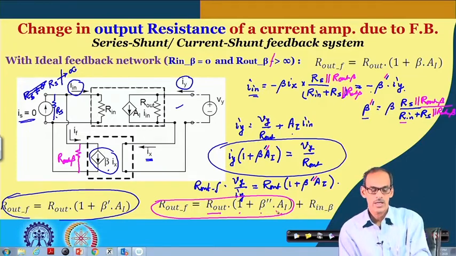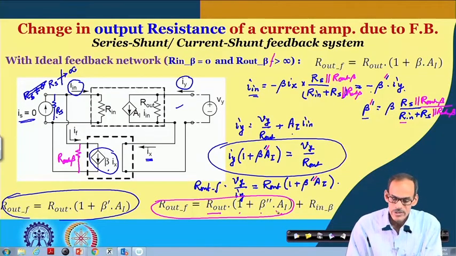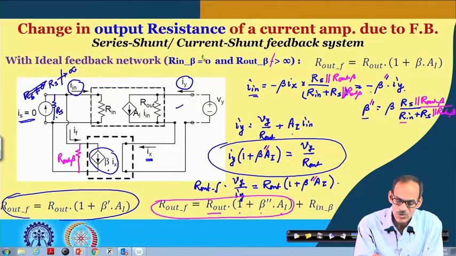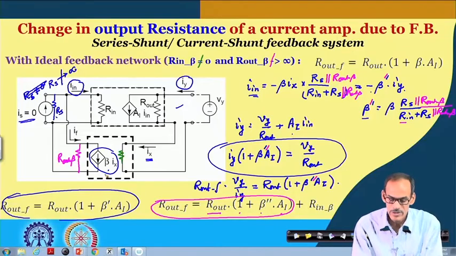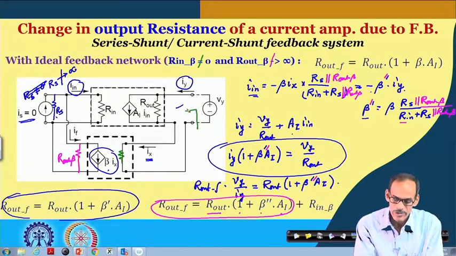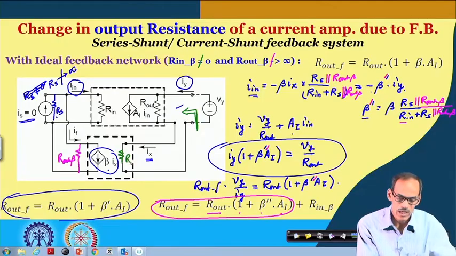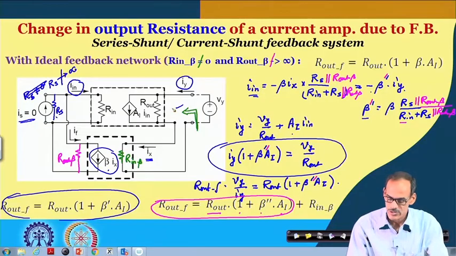Now, the last item is if we consider this is also finite. So, if we have some finite resistance here, what will be happening is that it will be contributing to this output resistance, and its contribution is that this R in beta comes in series with whatever the previous resistance was there.